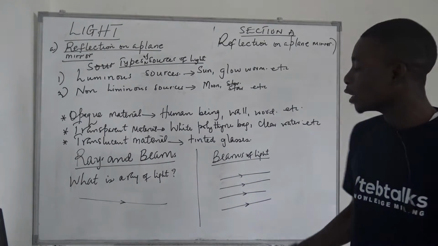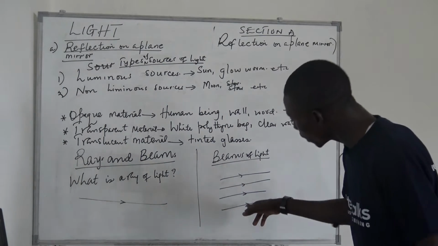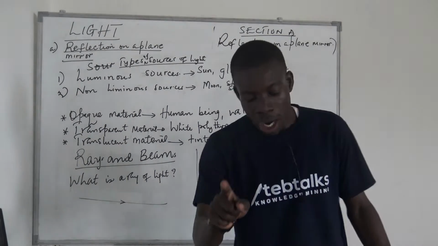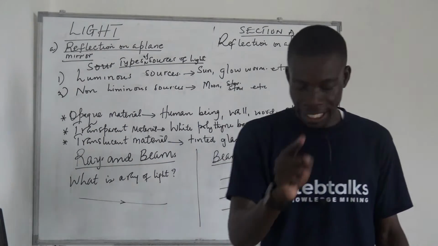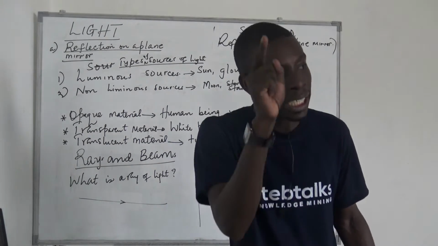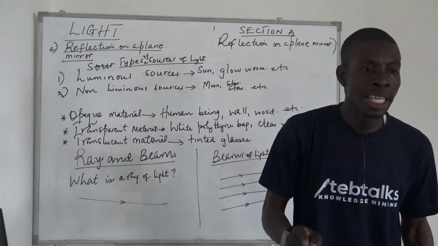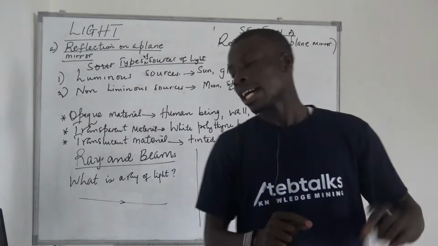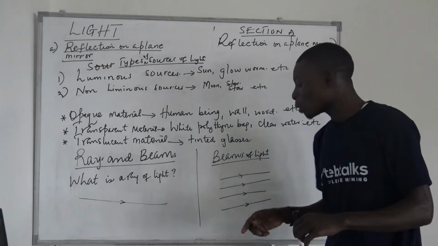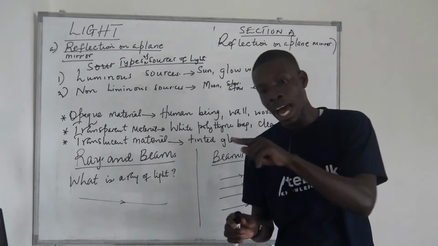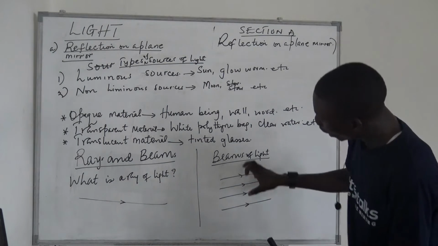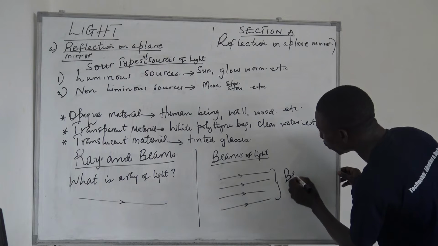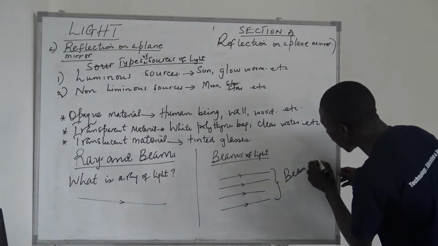Without the direction of travel, in other words, without these arrows, that one is no longer a beam of light, because it will not have a direction. And you know very well that light will be traveling from somewhere to somewhere. Is that okay? So it is that arrow that will tell us that this light is traveling from here to the other side. So the collection of all these is what we are calling beams of light.